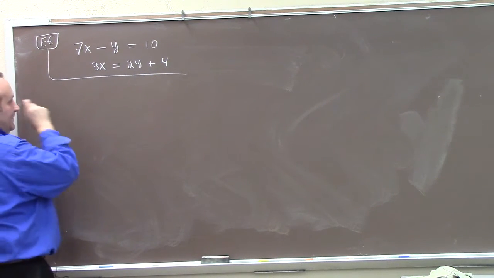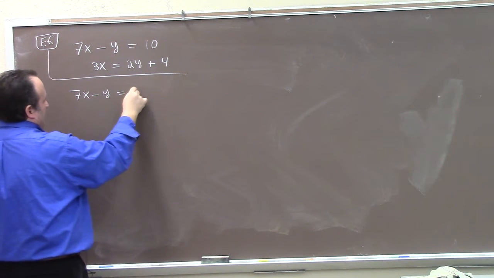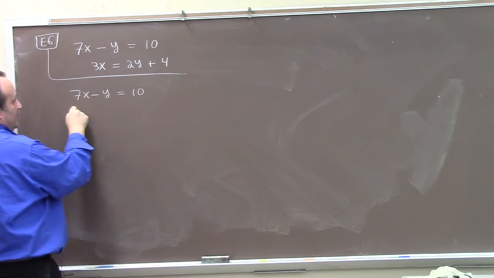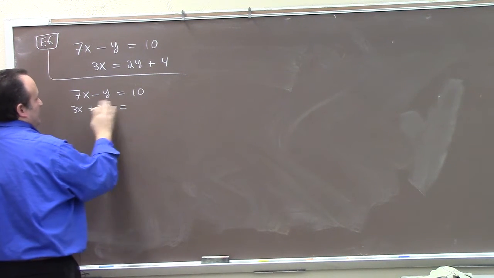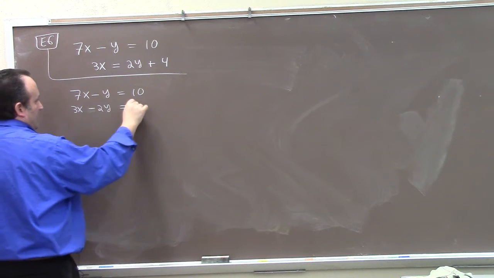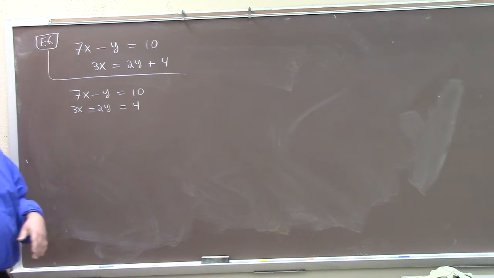What I would do is say, well, this is the same as 7x minus y equals 10, and 3x minus 2y equals 4. Now I'm back to the standard setup.